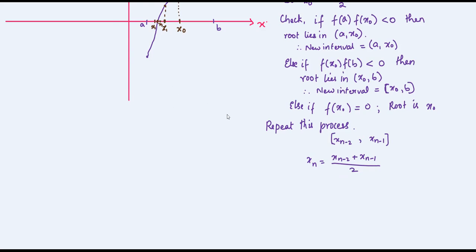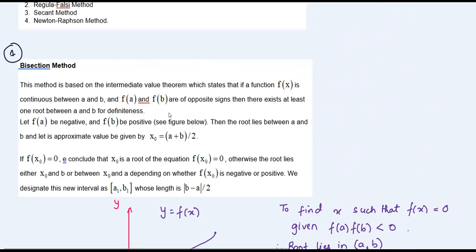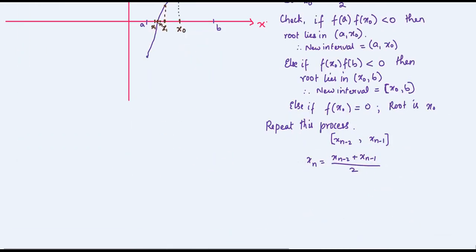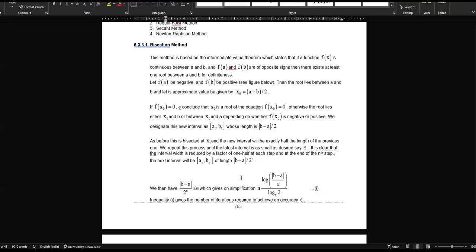Okay. So this is the bisection method of iteration. We find the solution in this way. So x1 and x1 will be the new interval. I'll just show this.